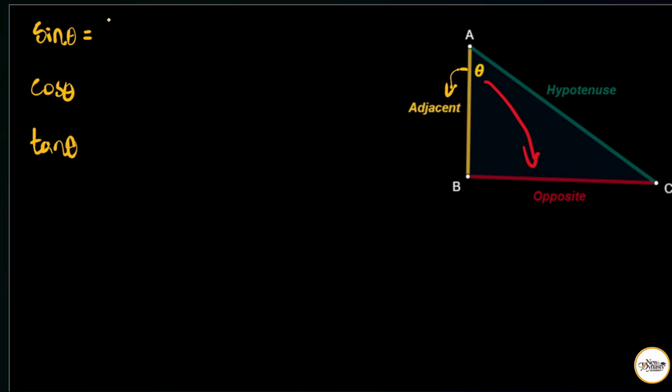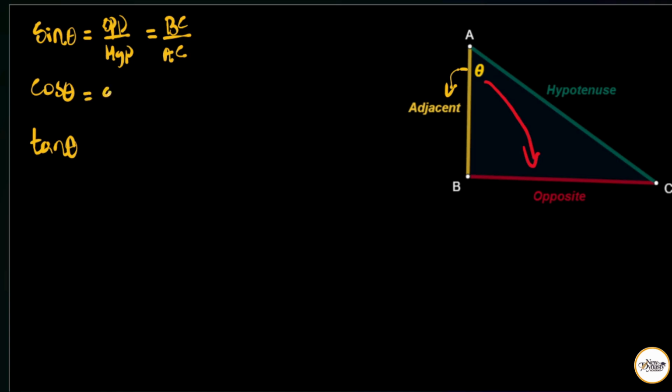So because sine is the opposite over the hypotenuse, that is our sine ratio. The opposite side is side BC, and our hypotenuse is side AC. So that's how we define that using the sides of this triangle.